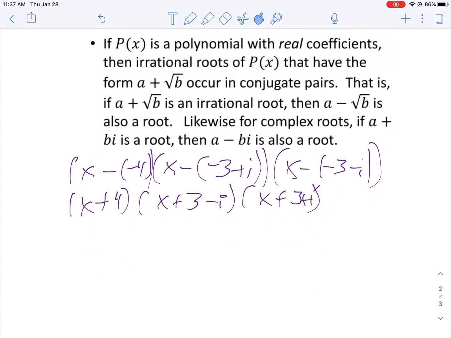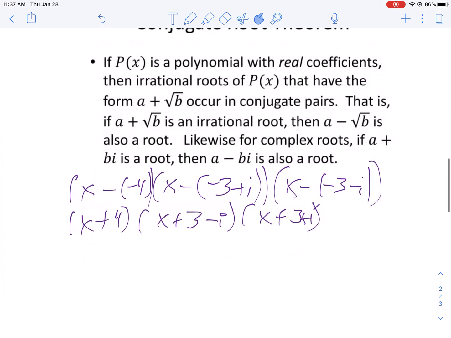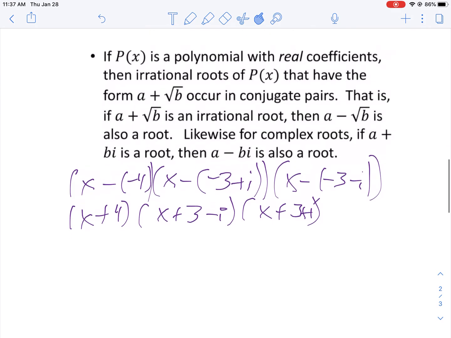Well, here's what I'm going to do. I'm going to think of this as a squared minus b squared.